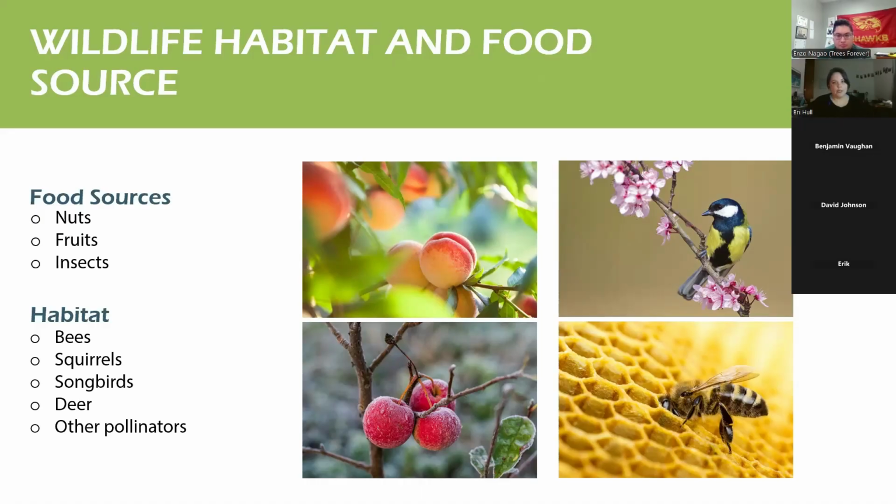Monarchs definitely do need the milkweed that we're looking at. But what a lot of people don't realize is that adult monarchs, while they do lay their eggs and their caterpillars grow on common milkweed and butterfly milkweed, and they use that as a food source, during the night they need trees to roost and to roost safely.